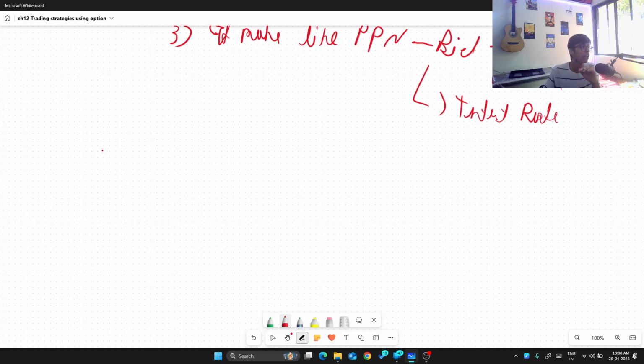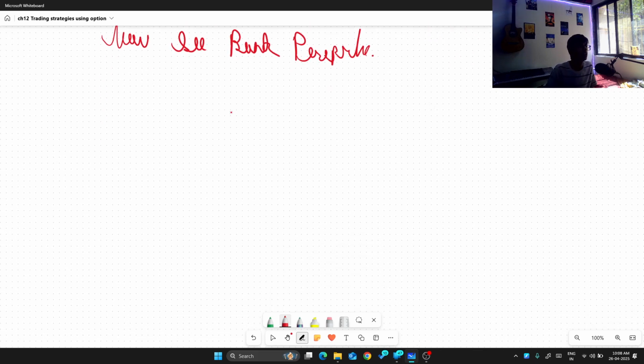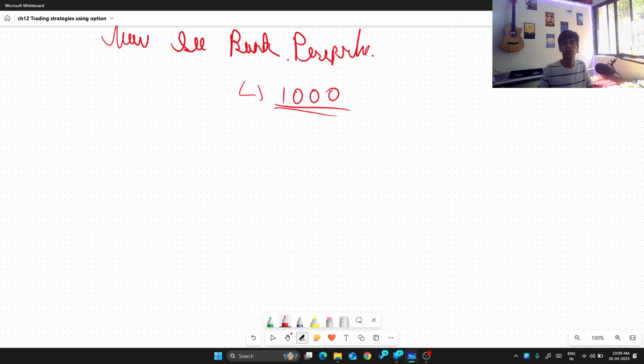Now let's see it from the bank's perspective. Say a retail investor comes to a bank, gives 1,000 rupees, and asks to make a PPN.